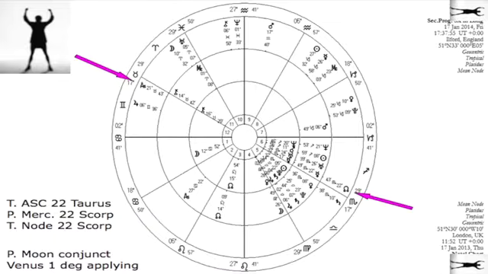Okay, so let's look here. The transiting ascendant, the child's ascendant, is 22 of Taurus, and that opposes the progressed Mercury of the mother at 22 of Scorpio. And in the sky, the transiting node is at 22 of Scorpio. So you can see this 22, 22, 22 thing going on.